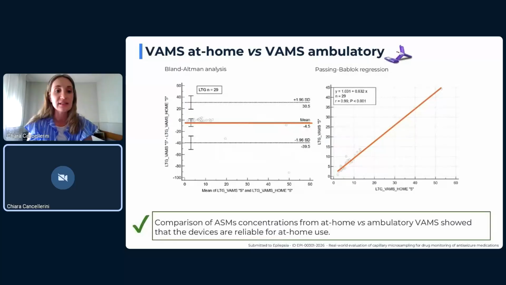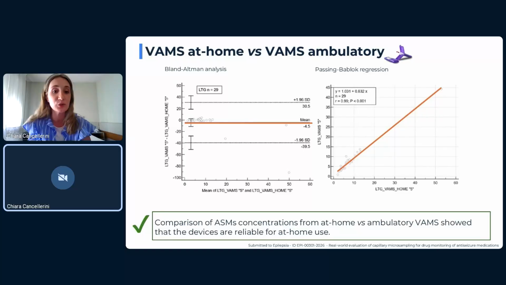These are the results from the VAMS at home versus VAMS ambulatory. Also this time I show you the Bland-Altman analysis and Passing-Bablok regression for lamotrigine. As you can see on the left side, the Bland-Altman analysis again demonstrates a good agreement between the two settings, the mean systematic deviation was minimal, and the majority of the patients fall within the limits of agreement with only one outlier, confirming that the shipment from the ambulatory to the at-home environment does not introduce any significant analytical bias.